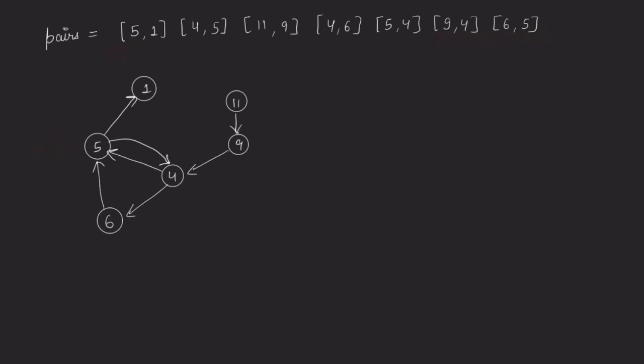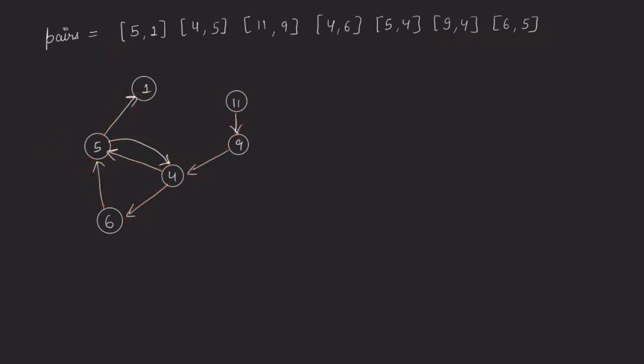Now, they want a valid arrangement where the ending element of a pair is equal to the starting element of the next pair. If I start with node 11 and traverse the graph, I go from 11 to 9, 9 to 4, 4 to 6, 6 to 5, 5 to 4, 4 to 5 and then 5 to 1.